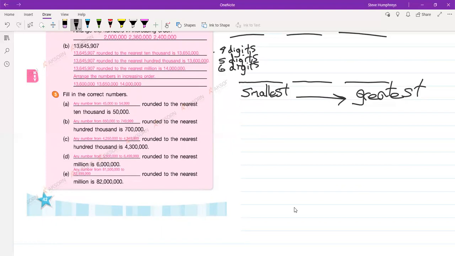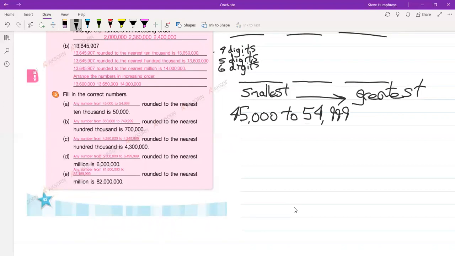It's a range of numbers from 45,000 to 54,999.